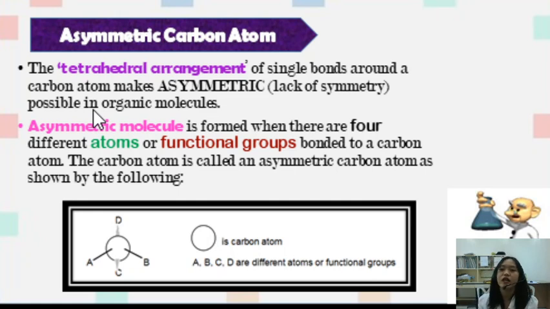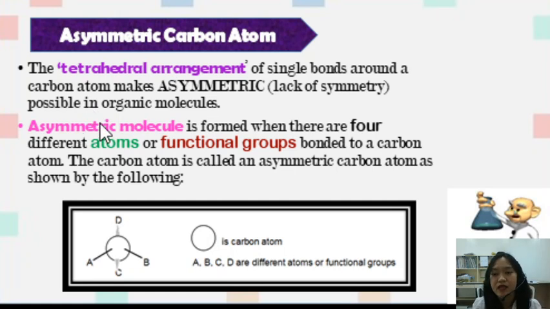So, organic compounds are composed of carbon, hydrogen, oxygen, and nitrogen. So, there is a presence of carbon atom in organic compounds. Now, if the carbon atom present in that molecule is an asymmetric carbon atom, then there is a possible lack of symmetry in that organic molecule.